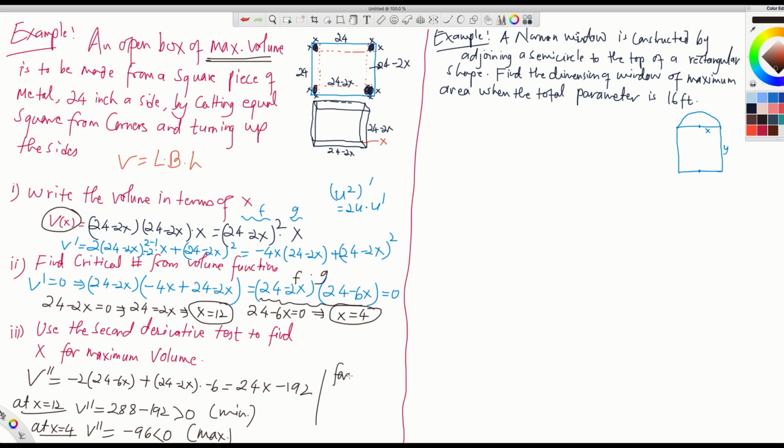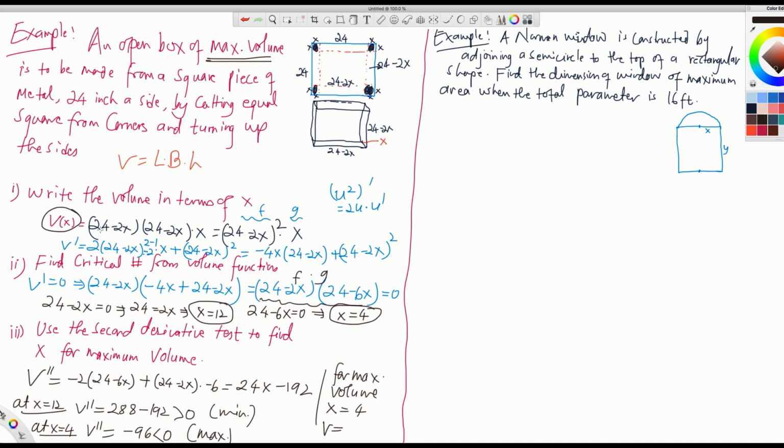So for maximum volume, we need x, meaning you need to take 4 inches out from each corner. X must be 4. And what is the maximum volume when x is 4? You just plug in here.